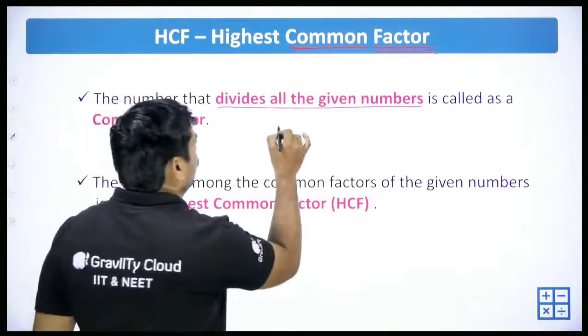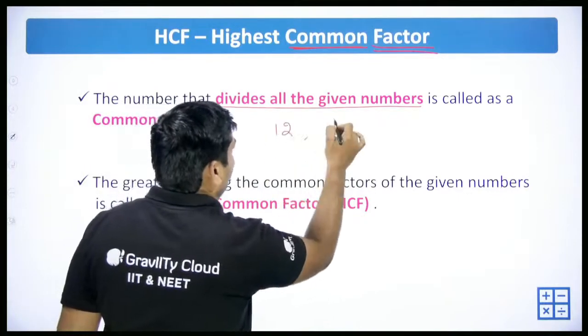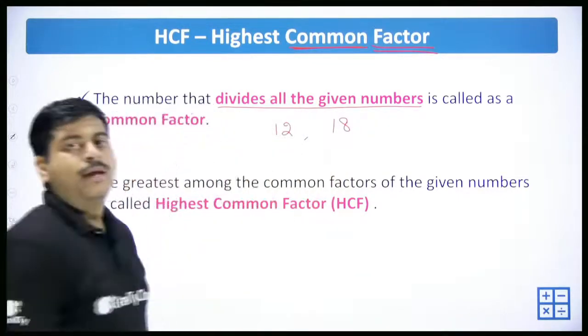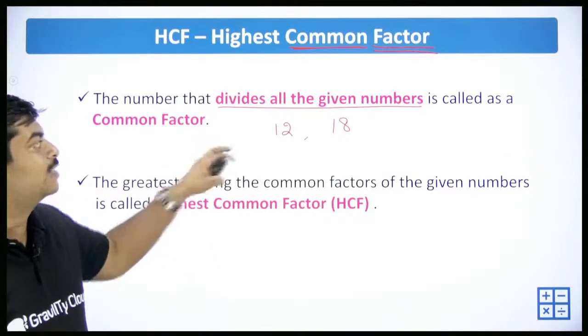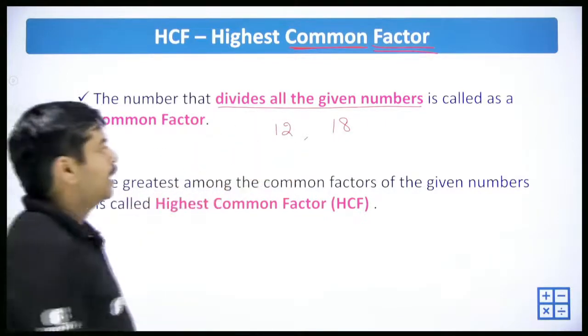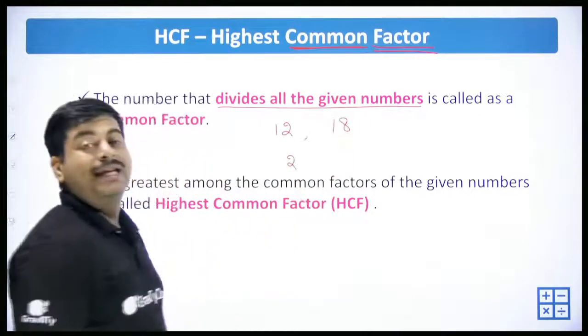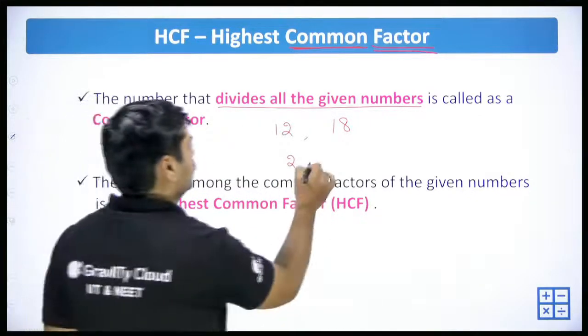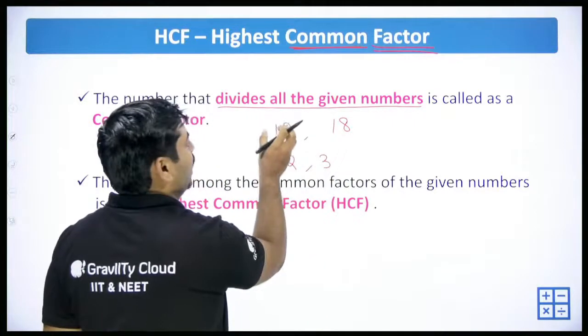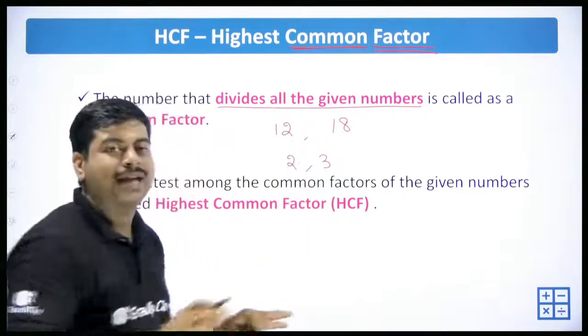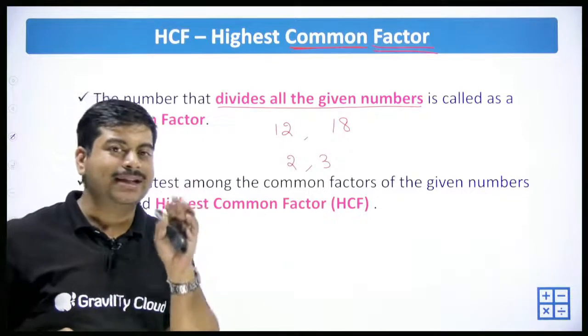For example, we have 12 and 18. Which number divides all the given numbers? I know 2 divides both, and even 3 divides both. 2 and 3 divide 12 and 18 exactly, leaving remainder 0.